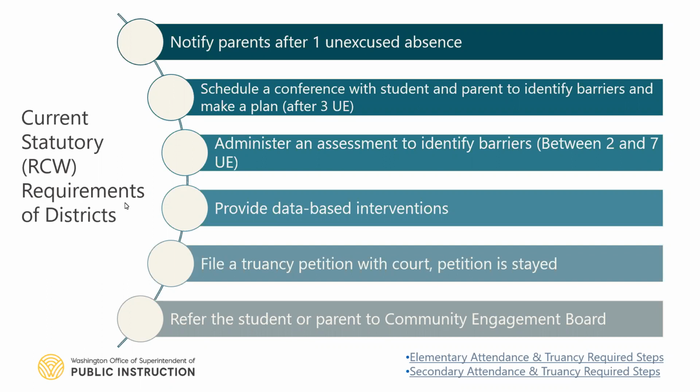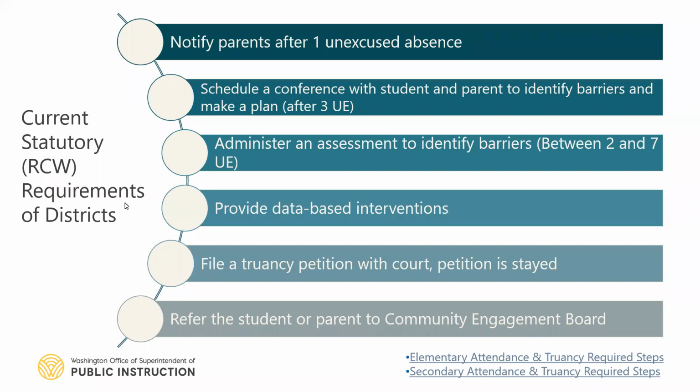Between 2 and 7 unexcused absences, an assessment, either the WARNS or another assessment, must be administered to identify barriers. From that assessment, the district must provide data-based interventions to address the causes of absences.